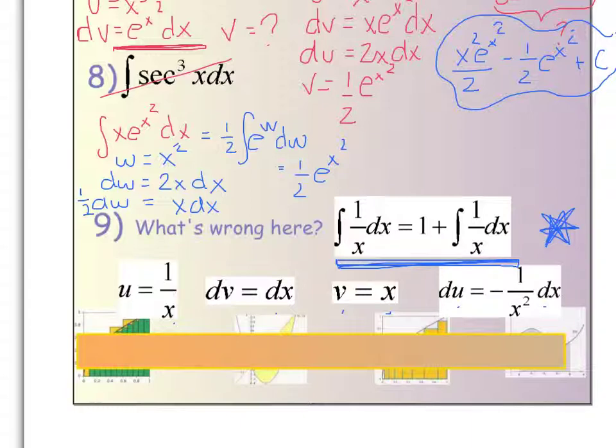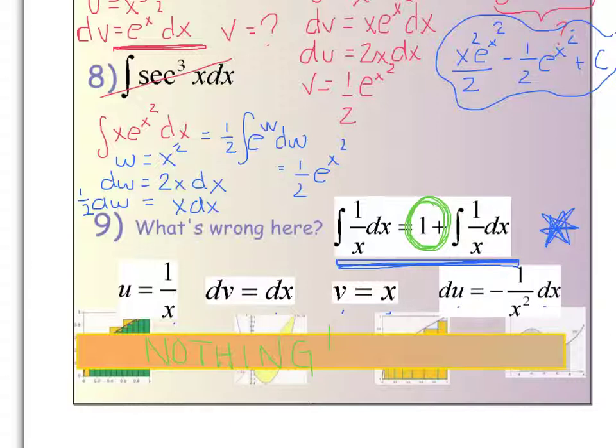And the answer is absolutely nothing is wrong with this setup. Nothing at all. Why? Because integrals of a function vary by a constant.